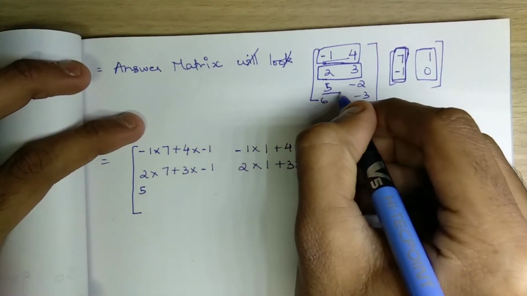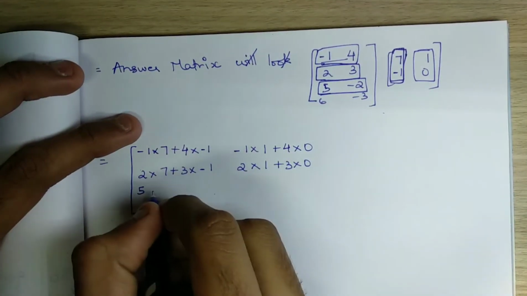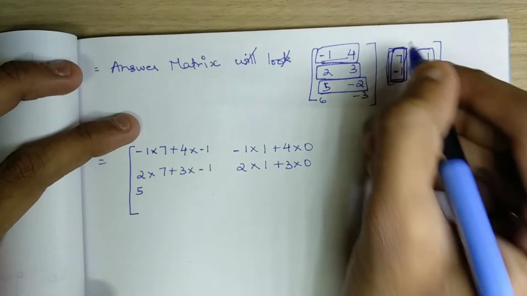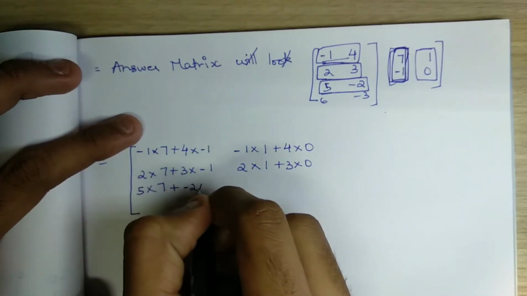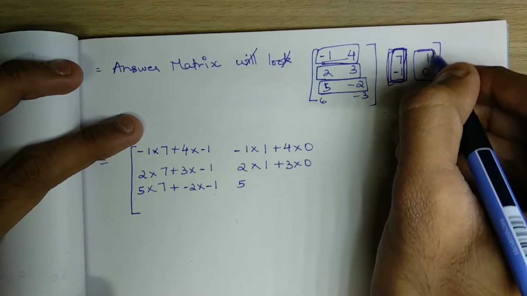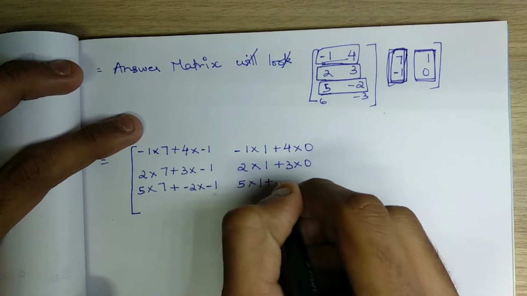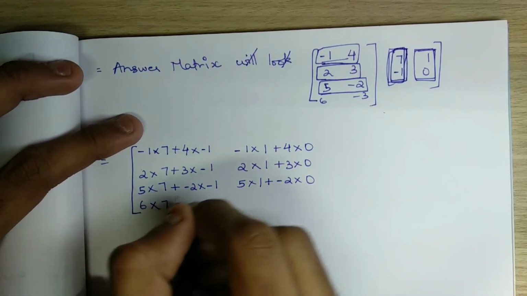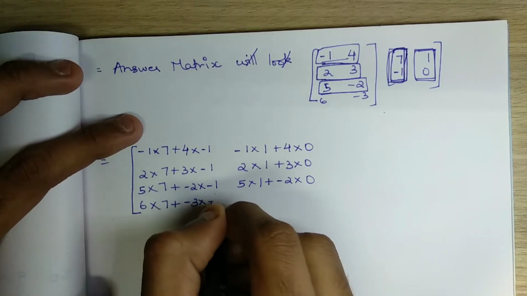Now along the third row of matrix A, the first column of matrix B. The second column of matrix B. And similarly for the fourth row as well.